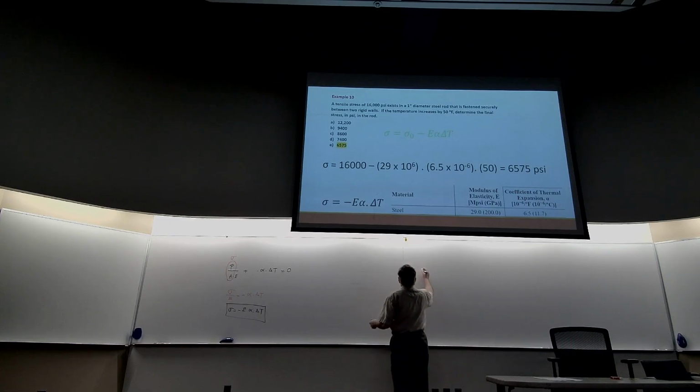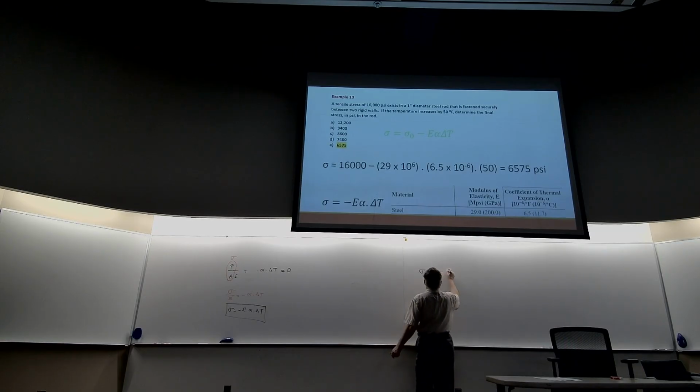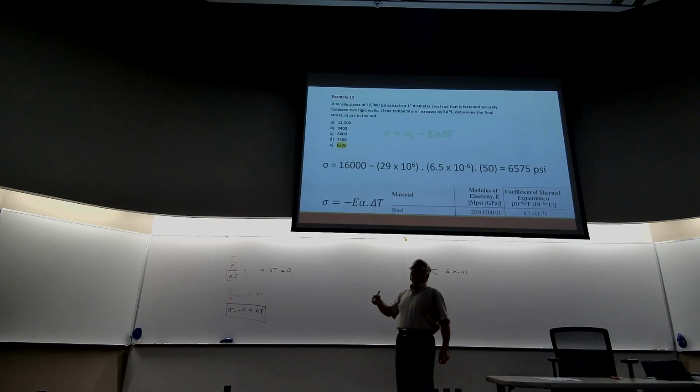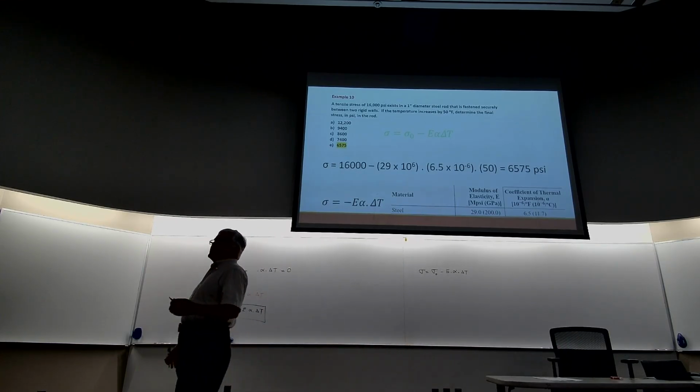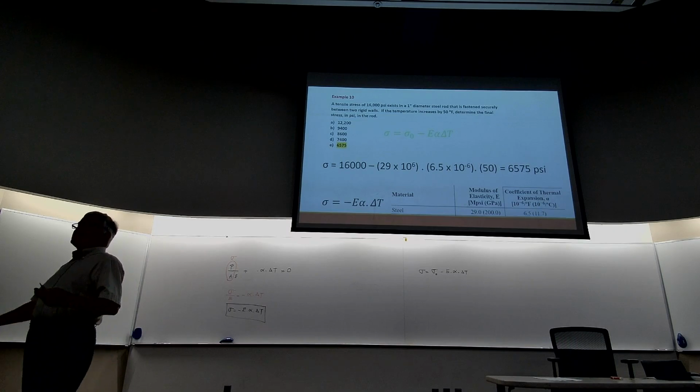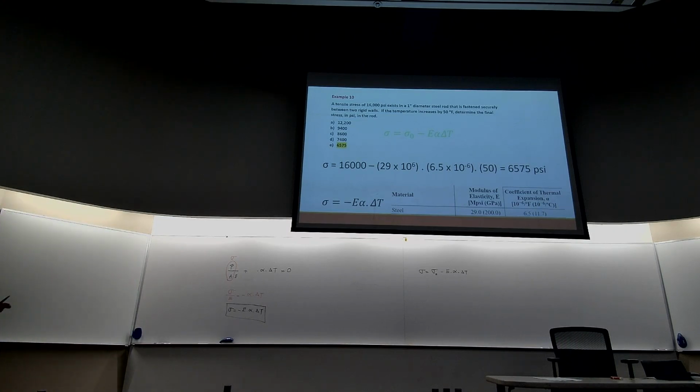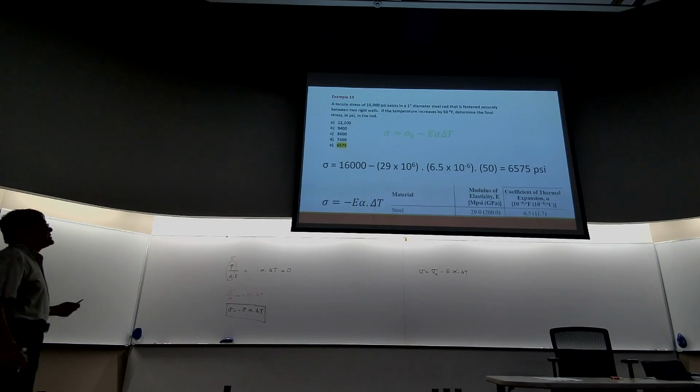If you have an initial stress, we simply add it to the right side of that equation. Sigma O means original or initial stress. And tension is positive, so sigma O is plus 16,000 psi.